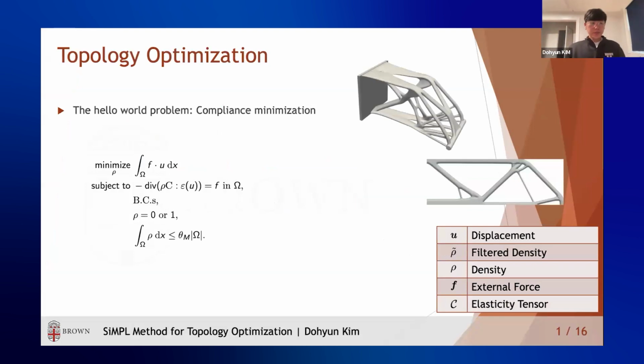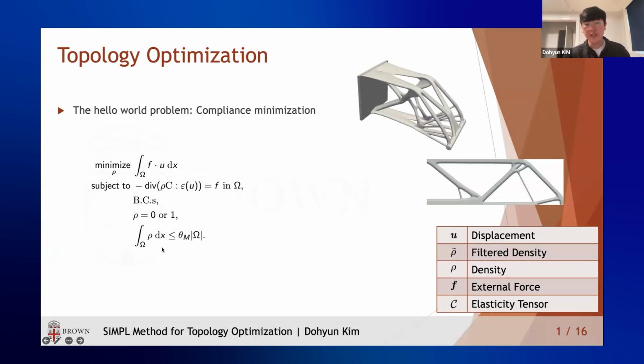To begin, we first explain topology optimization. The hello world problem for topology optimization is compliance minimization. For a given external force, we try to find the optimal material distribution in the design domain. We have a density here: rho equal to 0 implies that there's no material, and 1 means that we place material there.